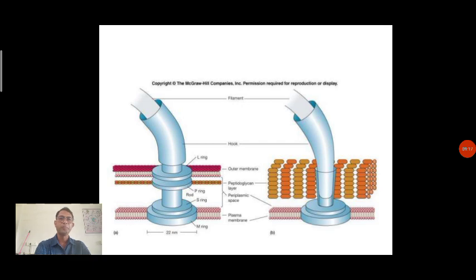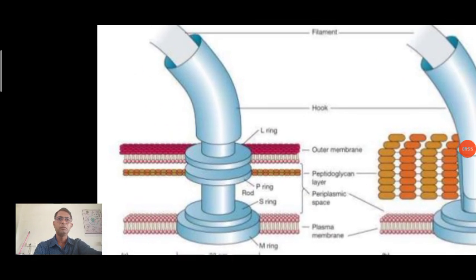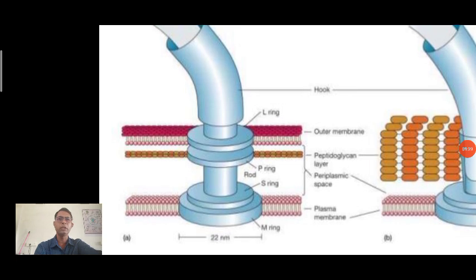Now here this is the diagram which is taken from the book. Here you can see the hook structure is given over here. The hook is the topmost portion which attaches the two different parts, the filament and the basal body.